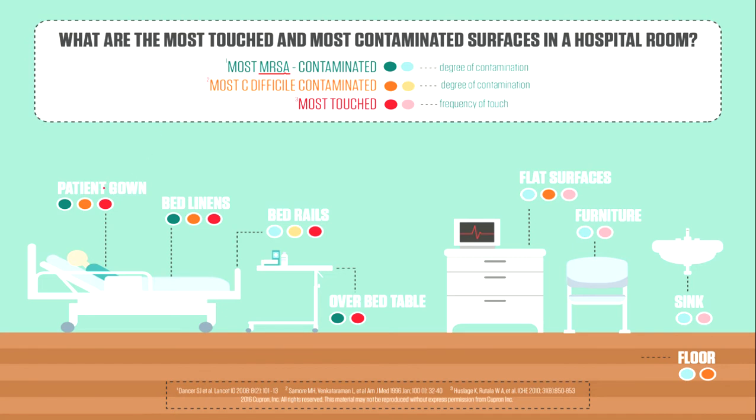So we see the patient, we see the bed rails, which are often touched, the bed table, also very often touched, all structures with a flat surface, all furniture, and of course the sink.